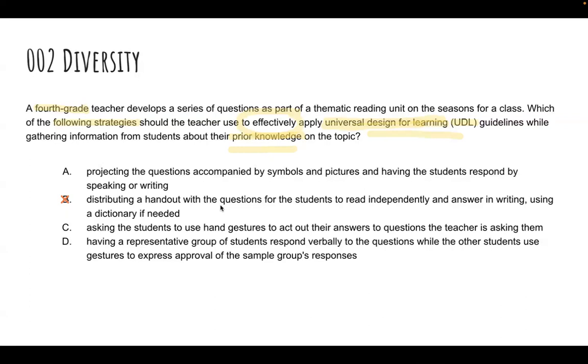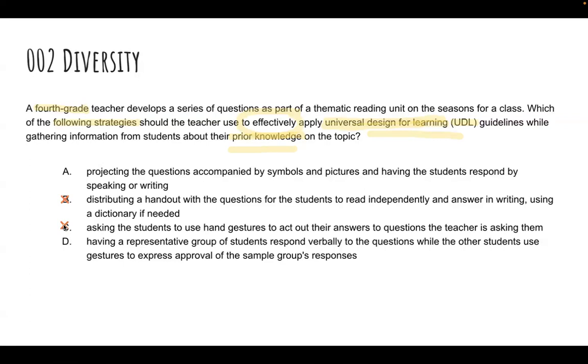What else could we eliminate? Because this is not going to be the best. Universal design means it's good for everyone. How about C? C, asking the students to use hand gestures to act out the answers to questions the teacher is asking them. So, I mean, this is going to be difficult for the teacher.